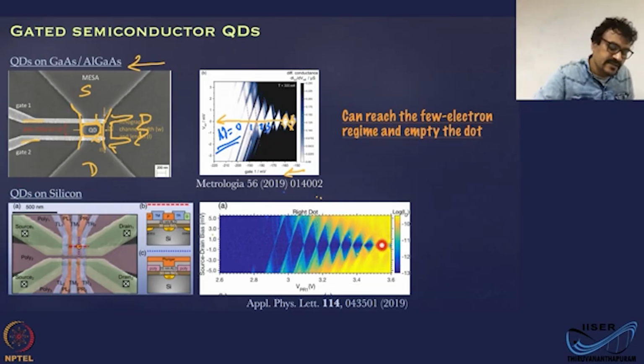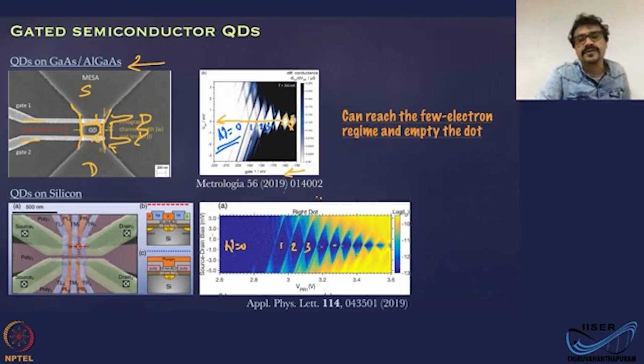Again, you can see that the size of the diamond is small to start with. Then when you scale the gate voltage, you can see that the size of the diamond is increasing. Okay. Now this region, you can say n is equal to 0, then 1, 2, 3, and so on.